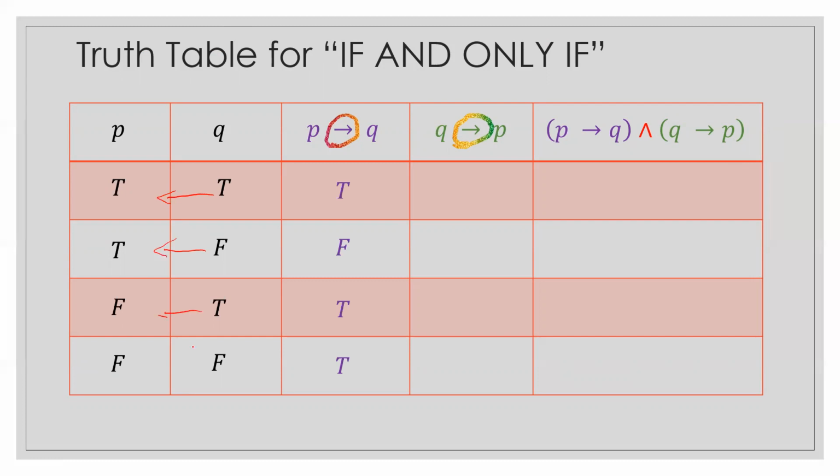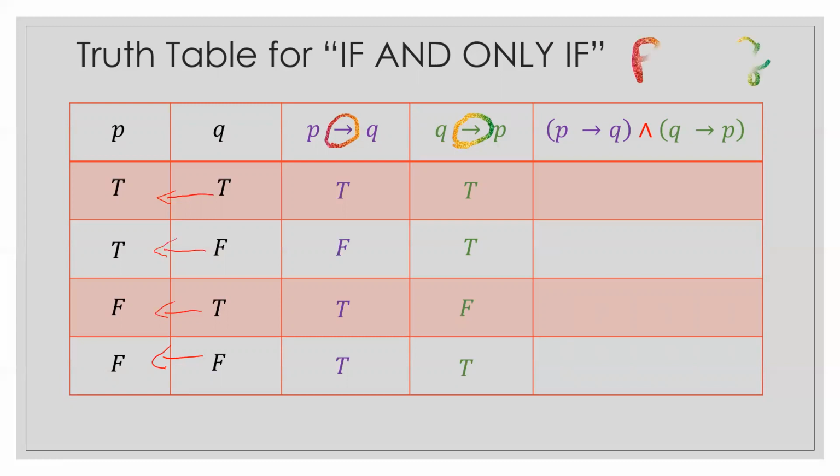So if Q, then P. True, true is true. False, true is true. True, false: if true, then false, the statement is false. If false, then false, the statement is true. Okay, so we have considered both directions.